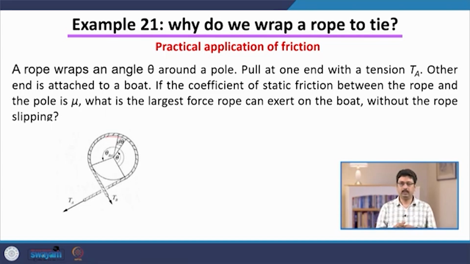This is a situation where the tension along the rope wrapped around this pole is not uniform, because of an external force acting on the rope, which is the friction between the pole and the rope. So, there is a coefficient of static friction between the rope and the pole, mu. Then what is the largest force the rope can exert on the boat without the rope slipping? So, this is the problem.